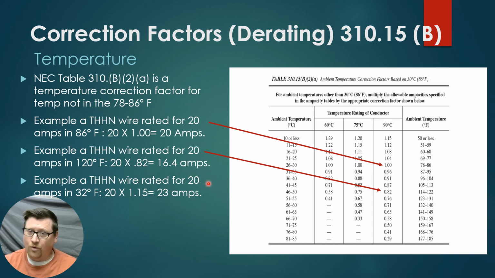Now, this one works both ways. If that wire is going to be in an environment with a constant ambient temperature that is less than 78 degrees, I think it's 78 degrees, I get to bump up my numbers a little bit. So if I've got a THHN wire rated for 20 amps and it's going to be at 32 degrees Fahrenheit, I can come up here, and if it's 50 degrees or less, I can multiply that by 1.15, so I'm allowed to put 23 amps on that wire.